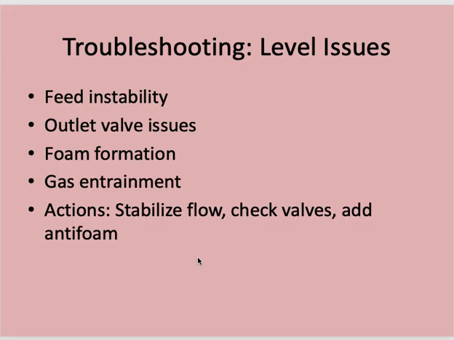This troubleshooting is related to level issues: feed instability, outlet valve issue, foam forming or gas entrainment. So the action will be to stabilize the feed flow, add a check valve or review your hazard recommendation sheet, and add anti-foam or a stabilizing material.